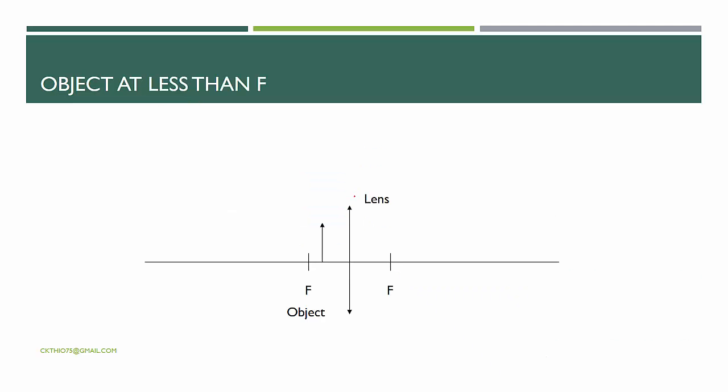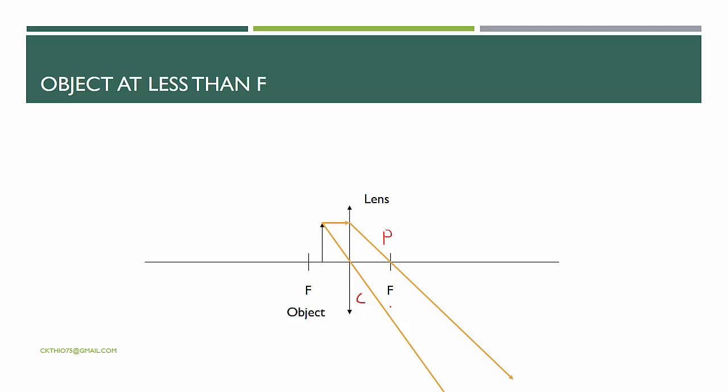Right now object at less than f, so we do the same thing, and this time round you find that the parallel and the center light rays are not even parallel to one another, but they diverge. So in this divergence, definitely they will not be able to converge or provide an image over here.